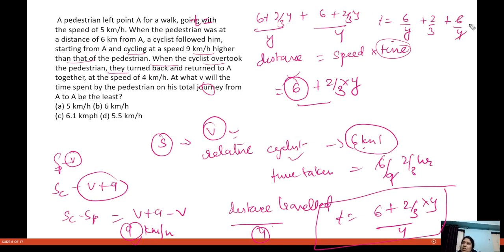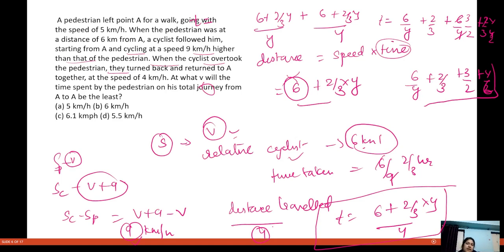This will be 3 by 2. Plus 2 by 3 y divided by 4, so this will be y by 6. So you have 6 by y plus 2 by 3 plus 3 by 2 plus y by 6.